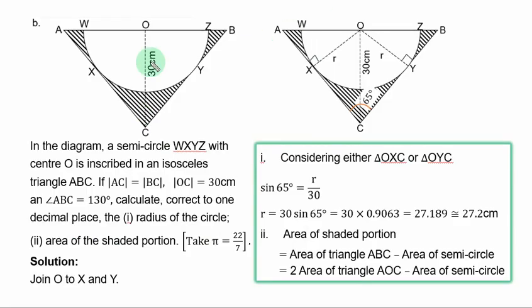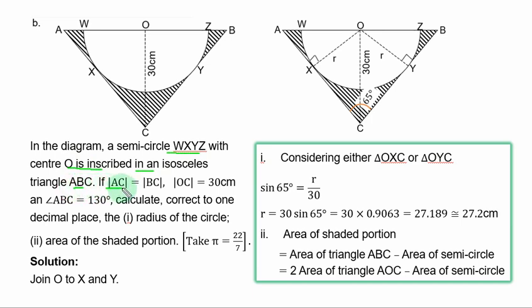Question 8b. In the diagram, a semicircle WSYZ with center O is inscribed in an isosceles triangle ABC.